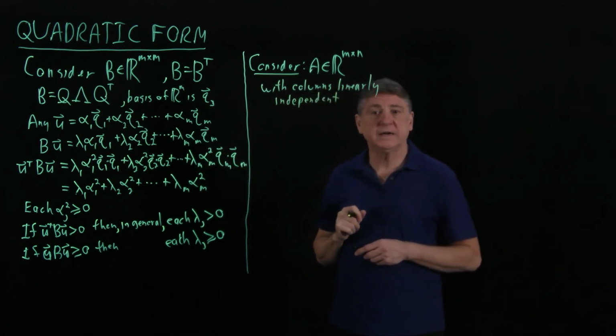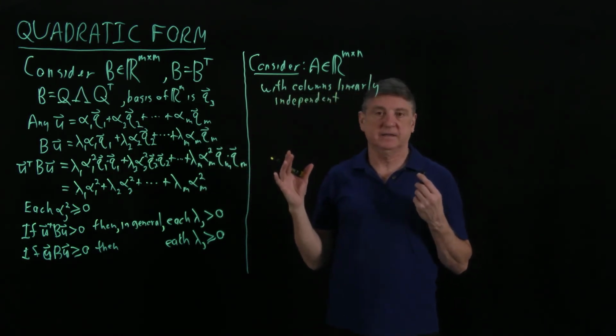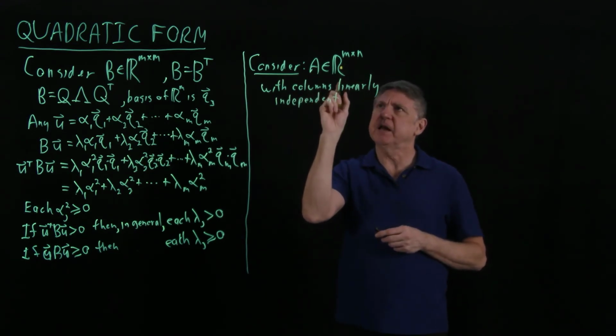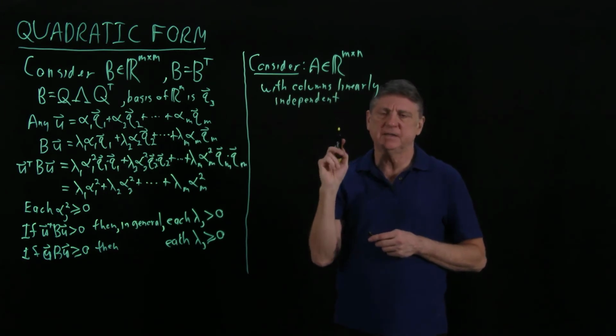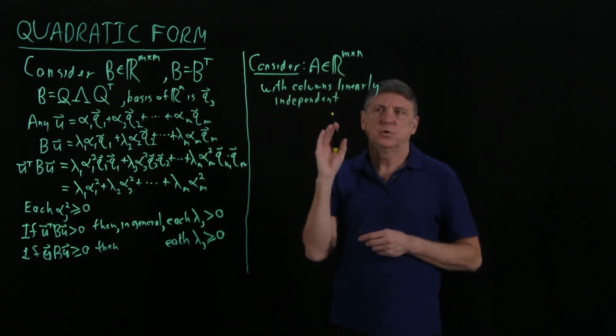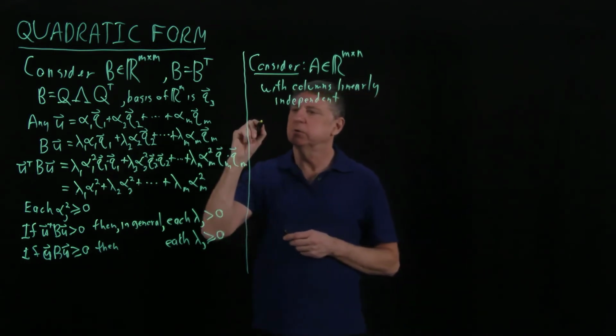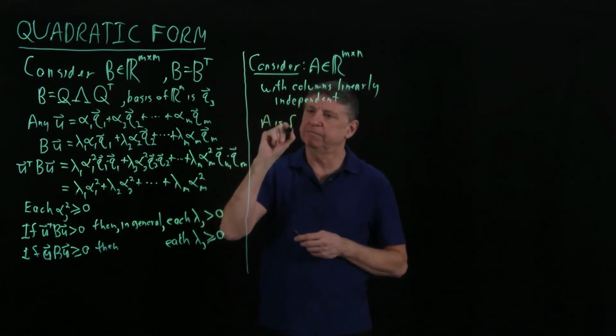So what can I say about that? Well, let's reason this out. If there are n columns and they're linearly independent, then the rank of A is the number of columns. So A has to be full rank.